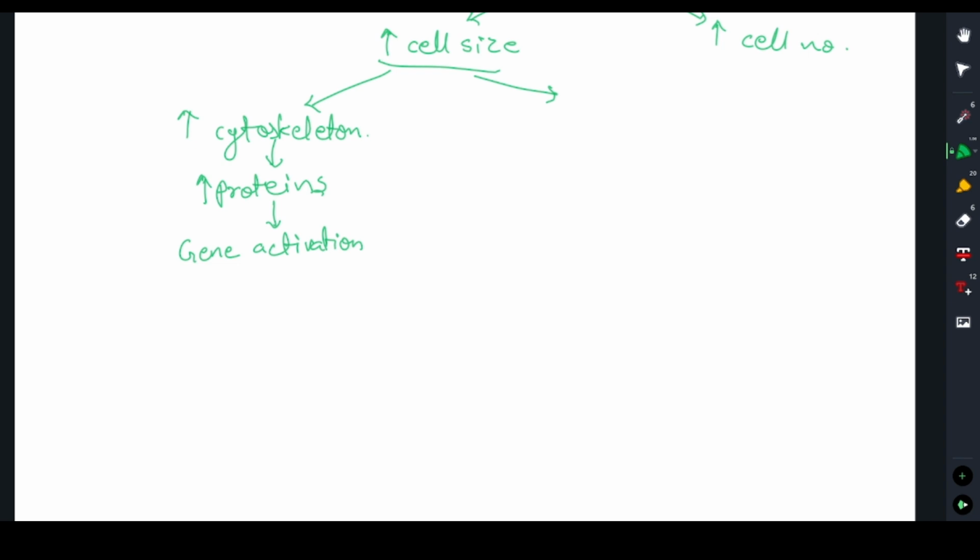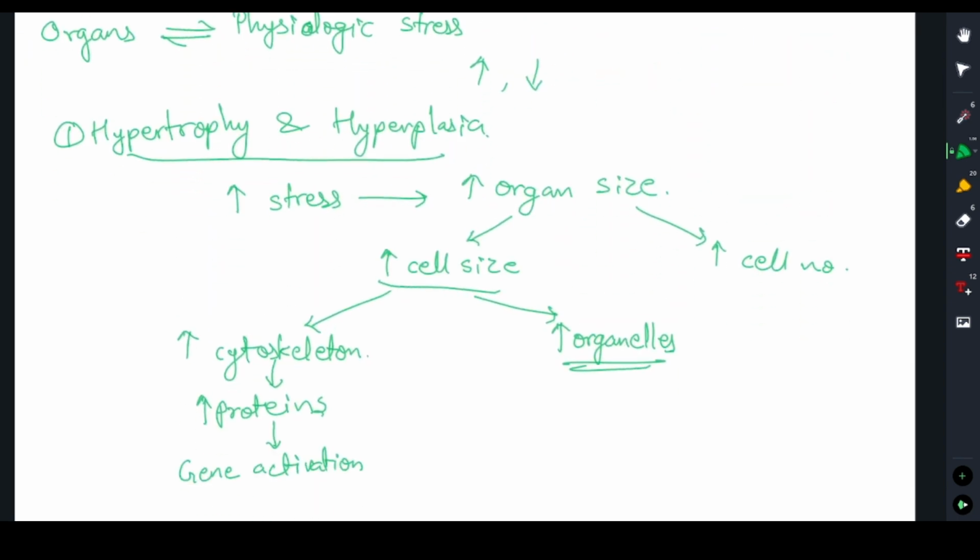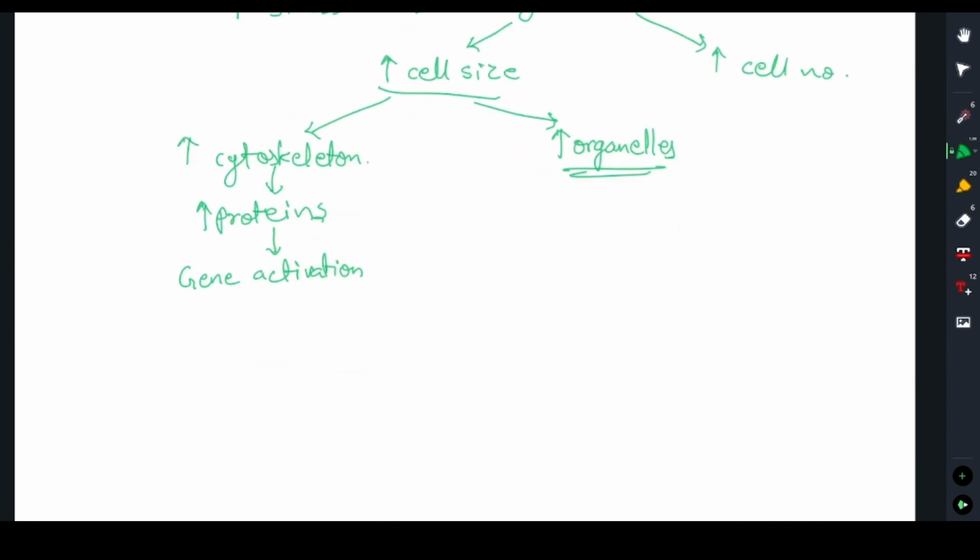The second thing you can do is increase the number of organelles in the cell. So these are the two ways by which you can increase the cell size. And whenever you increase the cell size, this is referred to as hypertrophy.